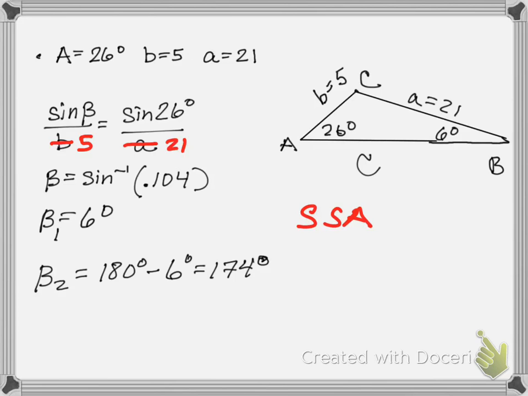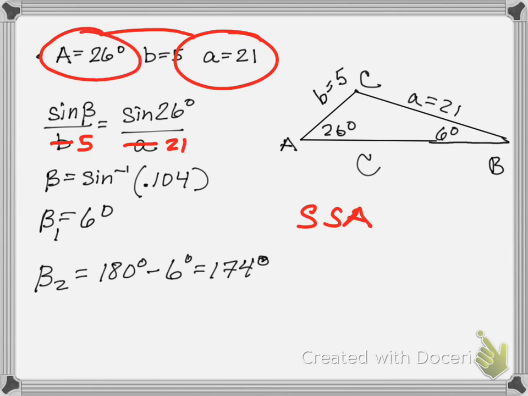And one way that you can tell is that if A is greater than B, or if the side that is given opposite the angle is larger than the other given side, it cannot be ambiguous.